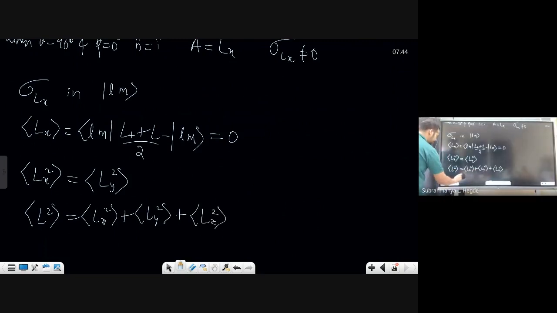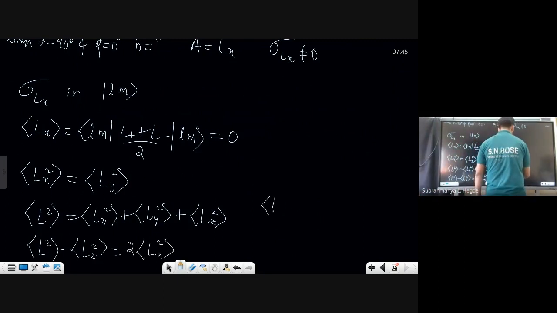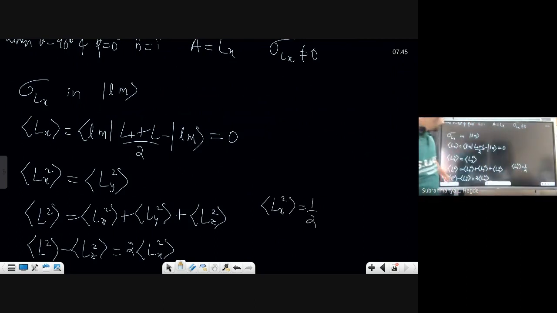So expectation Lx square plus expectation Ly square equals expectation L square minus expectation Lz square. Since these two are equal, that's 2 times expectation Lx square. That's why expectation Lx square is equal to 1 by 2 times, expectation L square minus expectation Lz square.